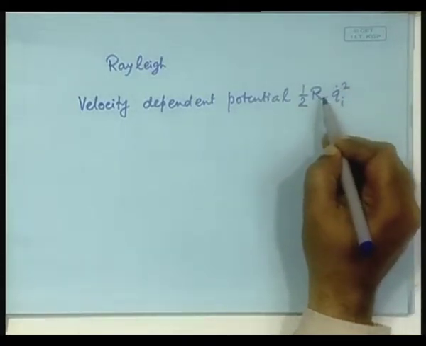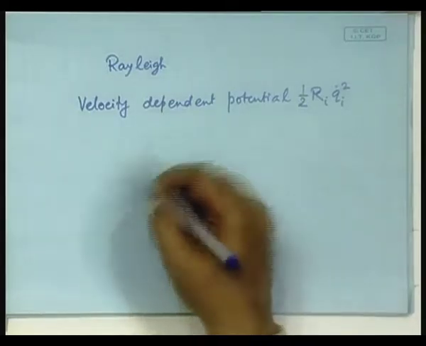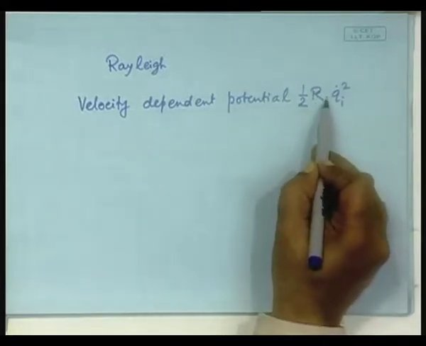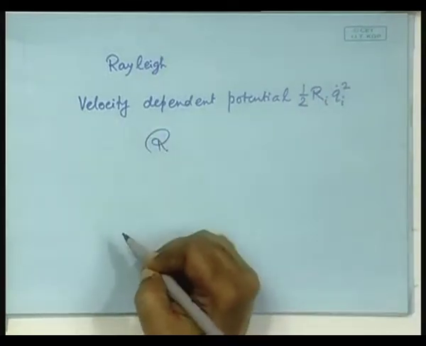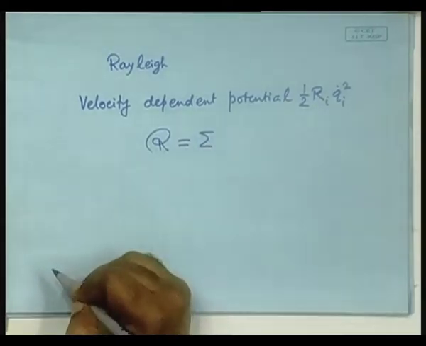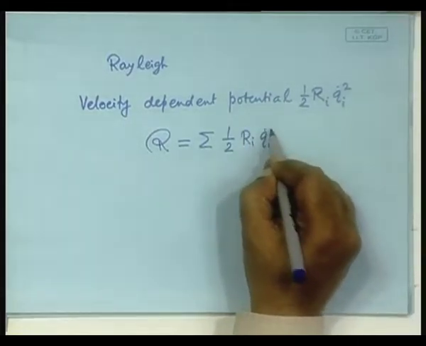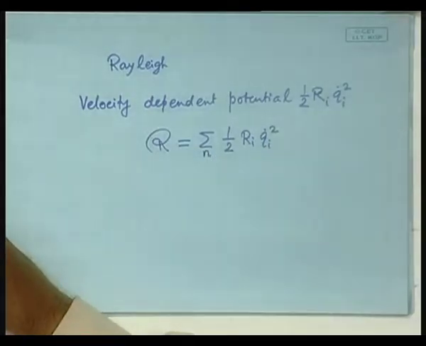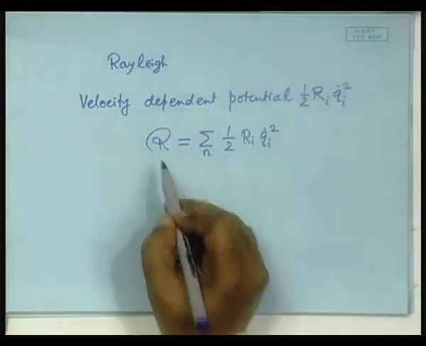So, the total Rayleigh potential, which I will express by a script R in order to distinguish it from this force coefficient r, is equal to the summation over the number of generalized coordinates. That was the proposition of Rayleigh. Therefore, this is called the Rayleigh potential.